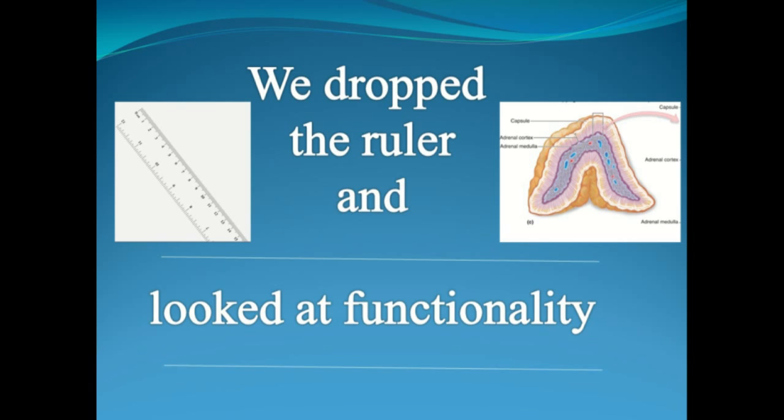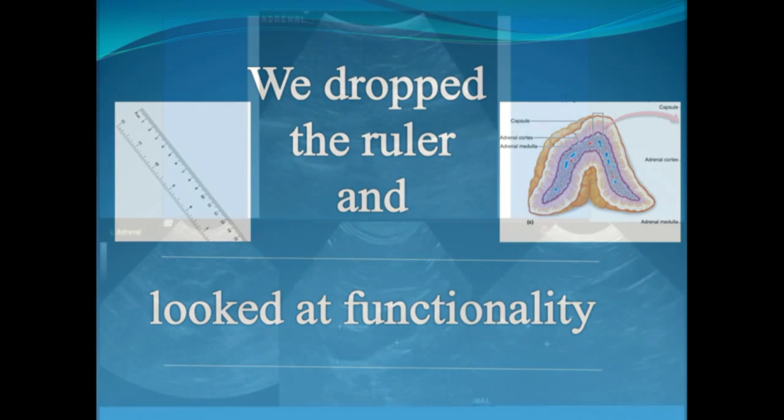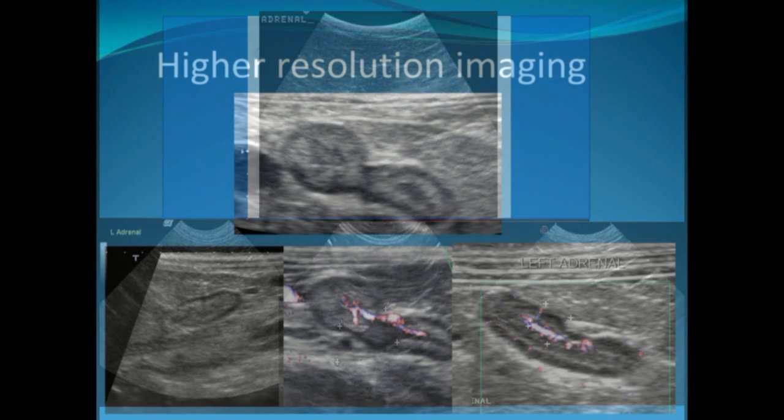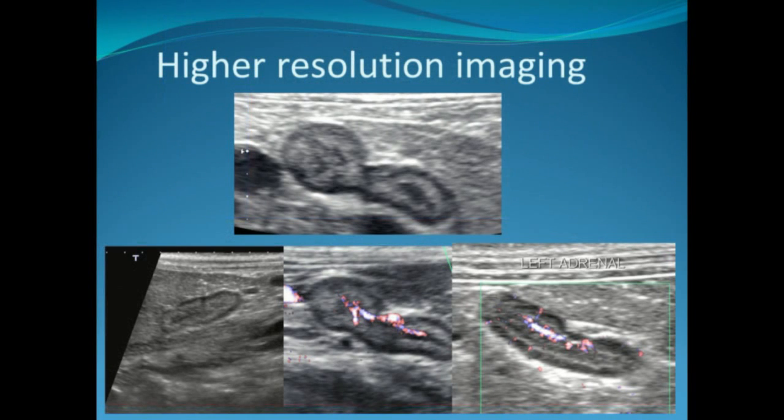So let's go back to some old images here. Not a lot of information, although if you strain yourself, you can see some evidence of layering in these adrenal glands. Well, let's look at it now with a higher resolution linear probe. And all of a sudden, you're going to start to see some really interesting detail in the glands.